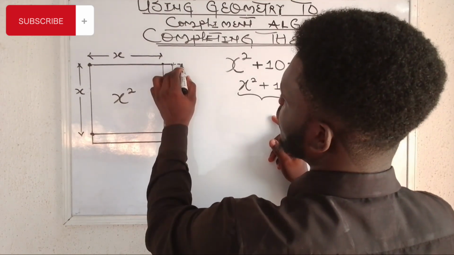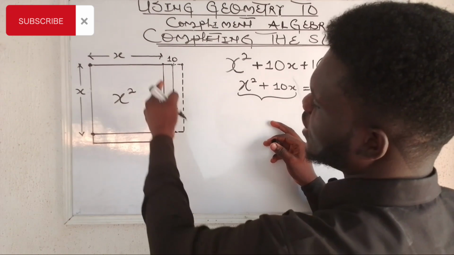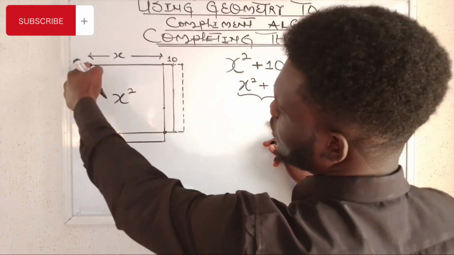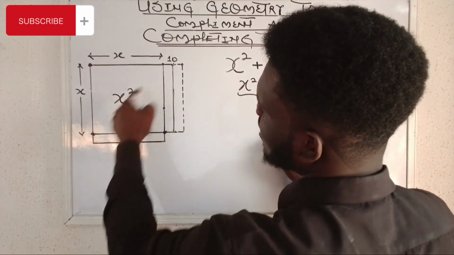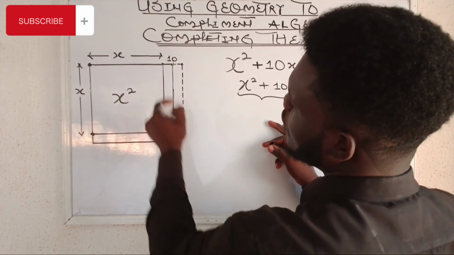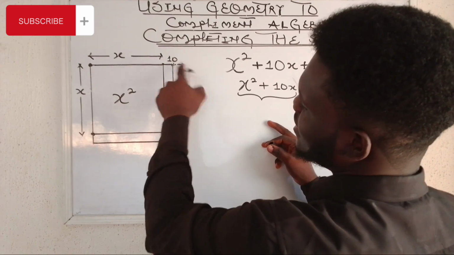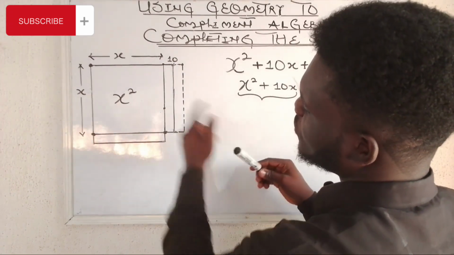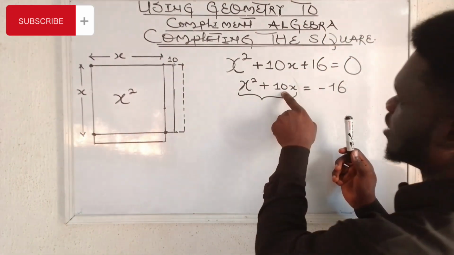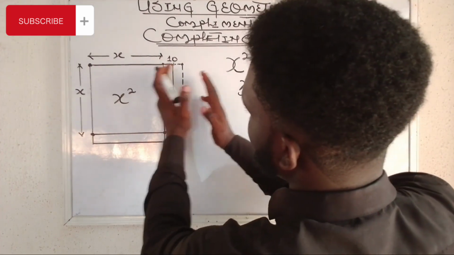Let's say this length from here to here, let's assume it to be 10. Now since we know that from here to here is x, and also from here to here is x, this is a rectangle, so the length from here is x and the length from here to here is 10. So therefore the area of this rectangle is going to be 10x, which we already have here. But now this is 10x, now you can see how big it is.